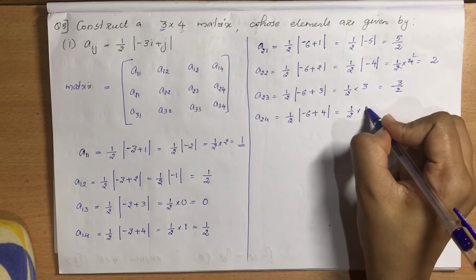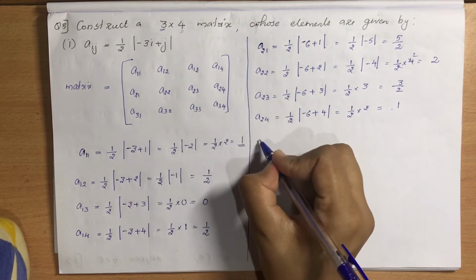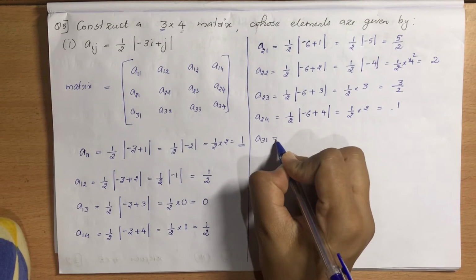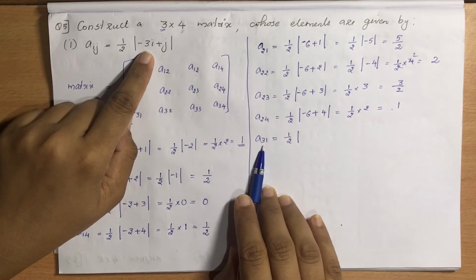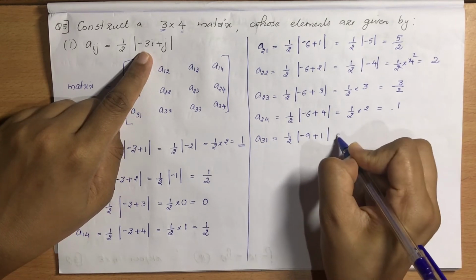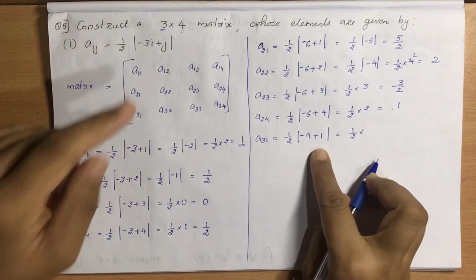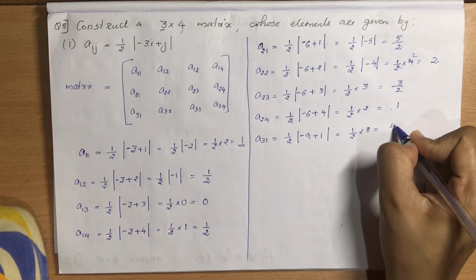Mod minus 2 is 2. 2 and 2 will cancel. We will get 1. Next A31. A31 equal to 1 by 2 mod minus 3i. So 3 into 3 is minus 9 plus j is 1. So 1 by 2 into mod minus 9 plus 1 is minus 8. Mod minus 8 is 8. That means 4 you will get.